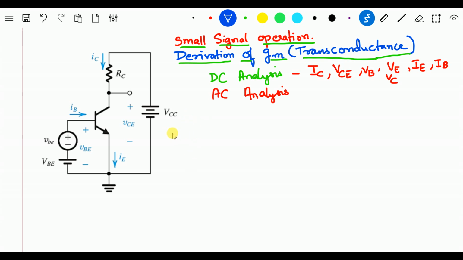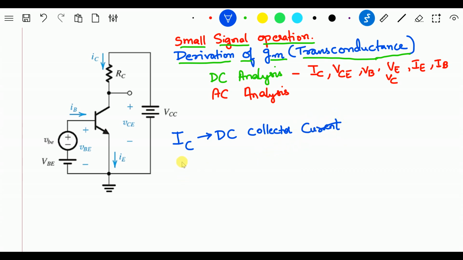When you see capital I with capital C, this is your DC collector current. Keep this in mind, it is a very important factor.